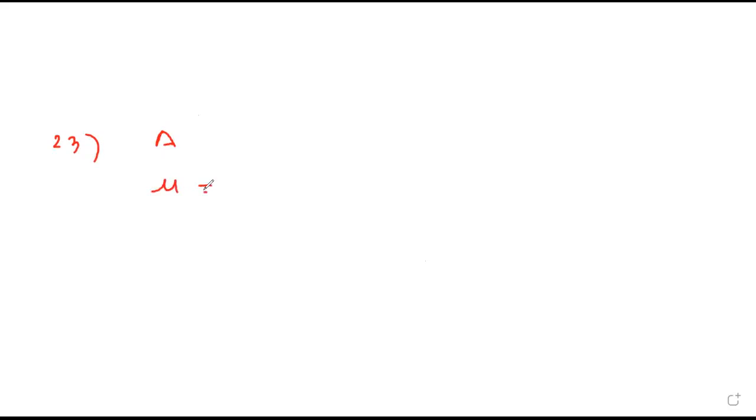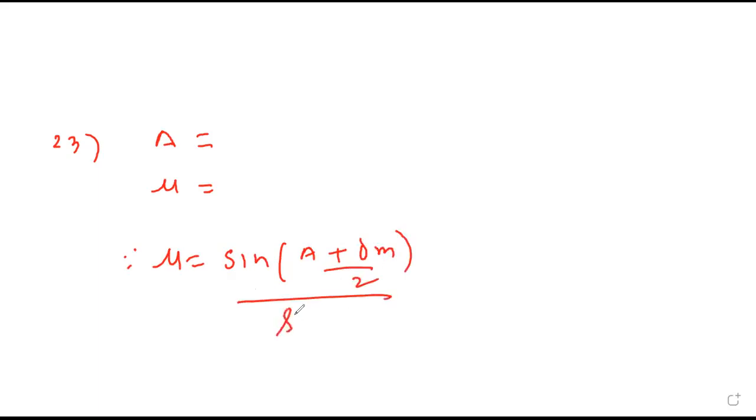Refractive index mu equals to, so that the angle of minimum deviation is 180 minus 2A. I'm just showing how it is. What is the prism formula? Sine of A plus delta M upon 2 divided by sine A by 2, correct?